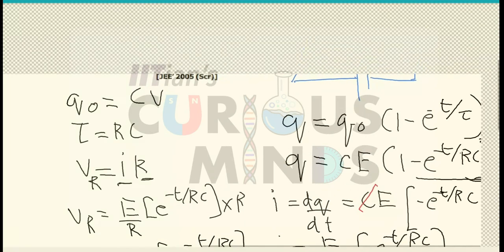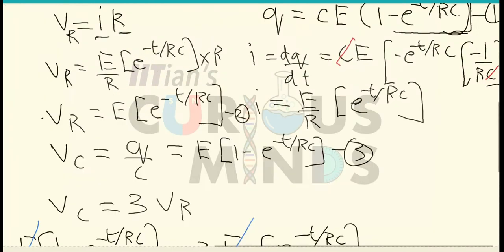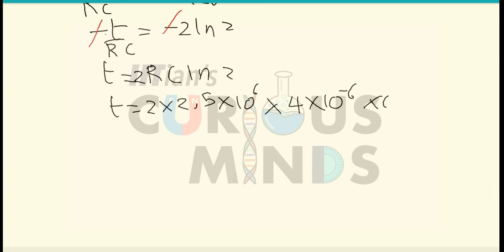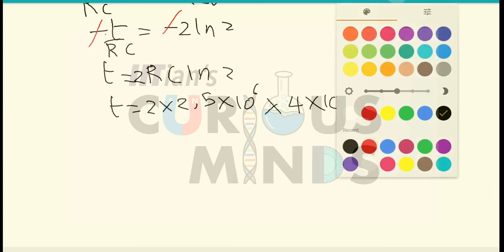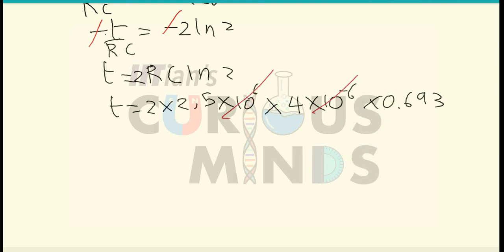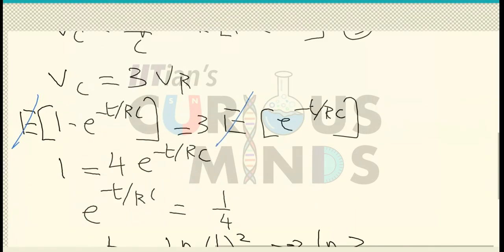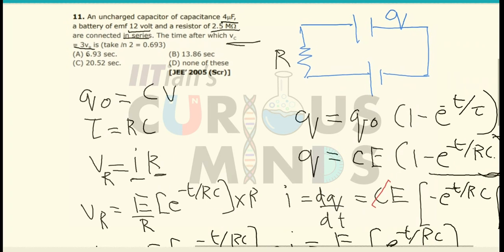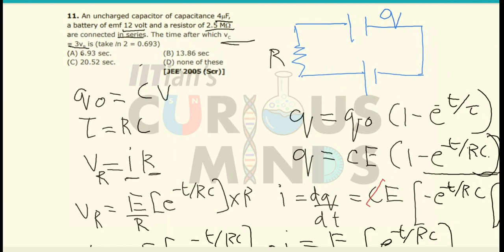Log 2 is given as 0.693. So 10 to the power 6 and 10 to the power minus 6 will get cancelled out. 2.5 into 4 is equal to 10. So 2 into 10 into 0.693 is 13.86, which is option number B.